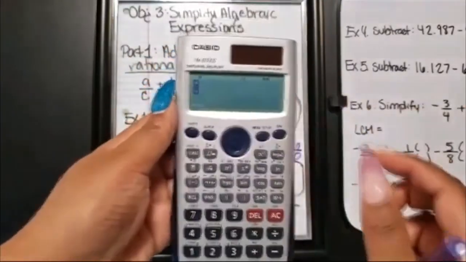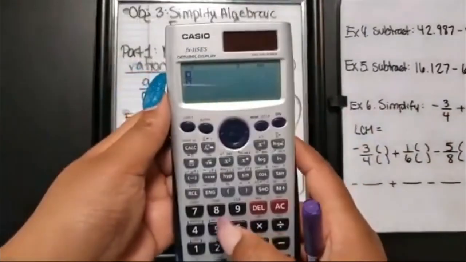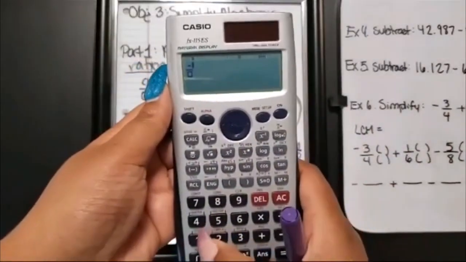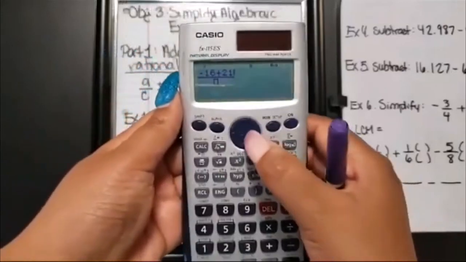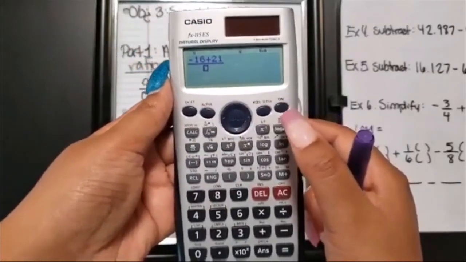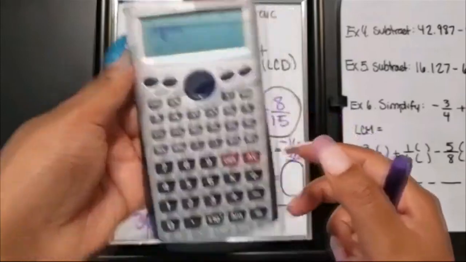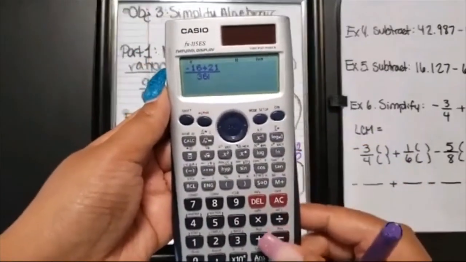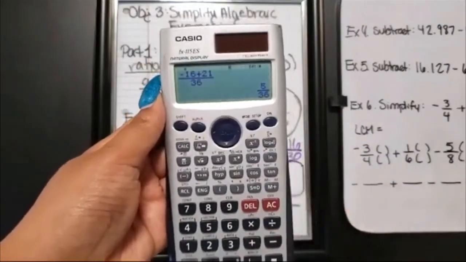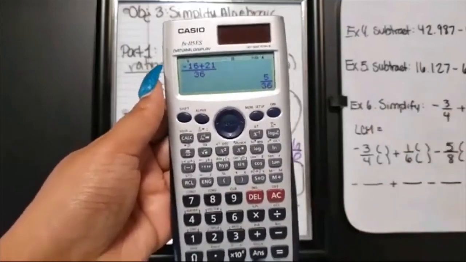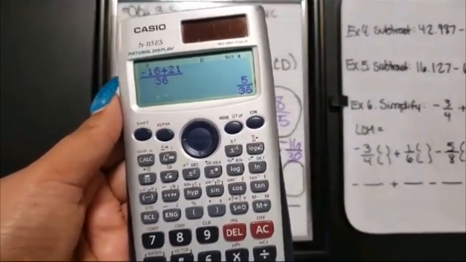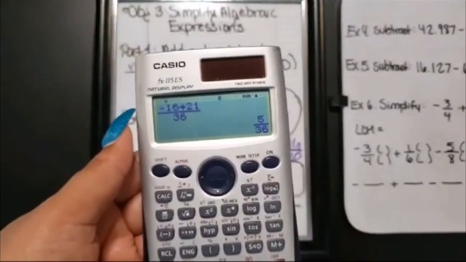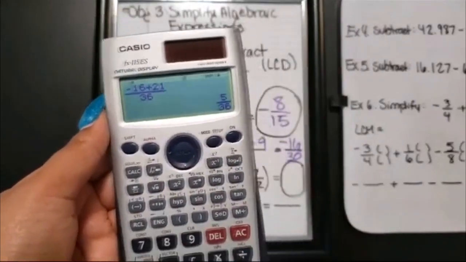If you have the feature that my calculator has, you can just type in negative 16 plus 21, hit the down button, and 36, and hit equals. And I have my calculator set to give me a fraction, and it gave me 5 over 36.